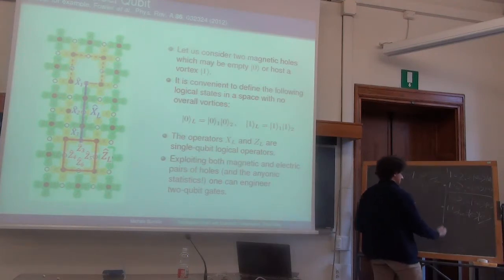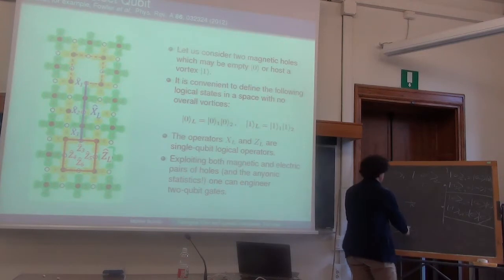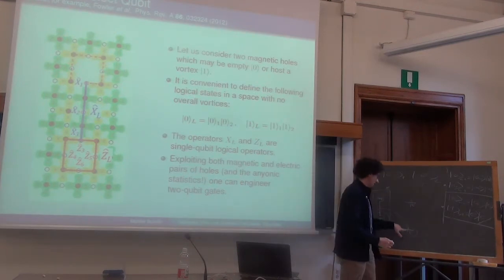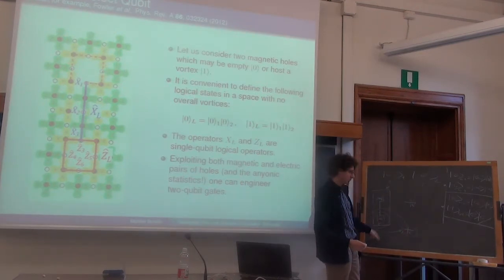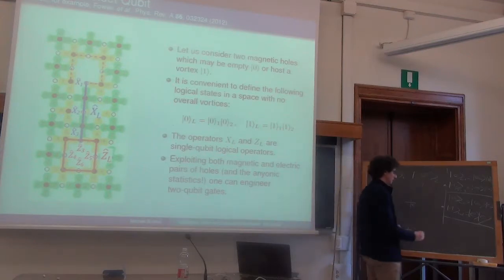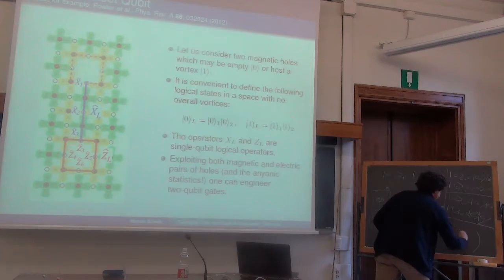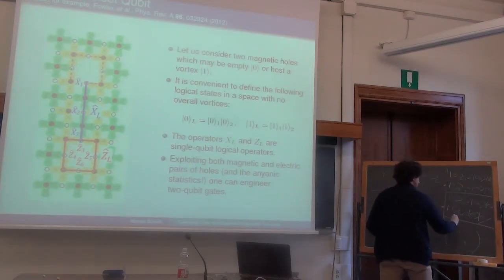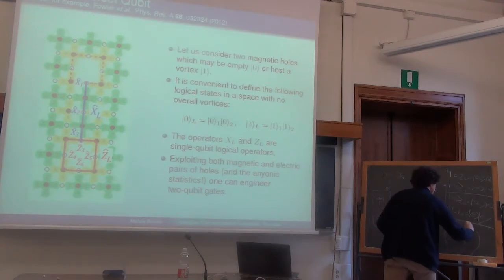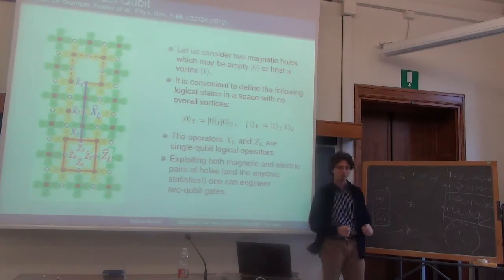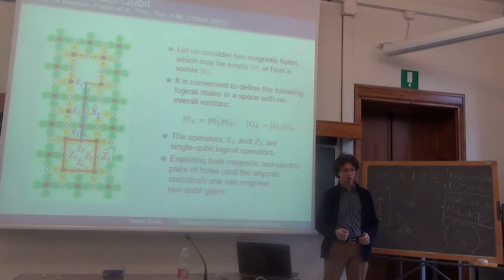And this means that if I represent this operation of exchanging one electric hole with one magnetic hole in a matrix, this becomes an operator of this kind, where in this basis I have 0, 0, 0, 1, 1, 0, 1, 1. So I'm creating an entanglement between the two qubits. And this is one of the most important things if you want to do quantum computation.